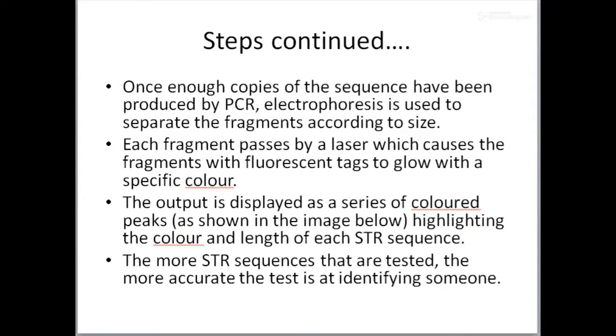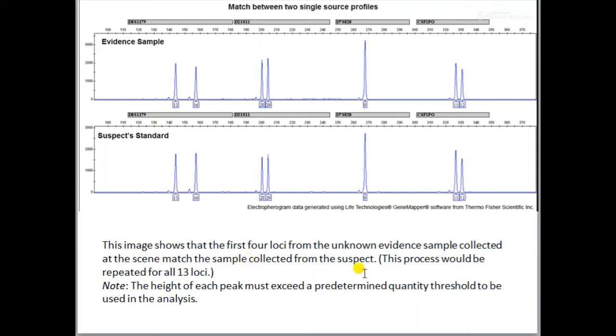Now this is an example of a DNA profile obtained from two different samples. If this is a suspect's DNA, it was taken and PCR amplified for some STR loci using short tandem repeat primers, and the profile of that man was obtained.